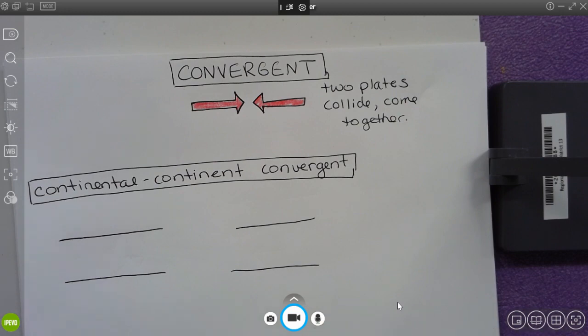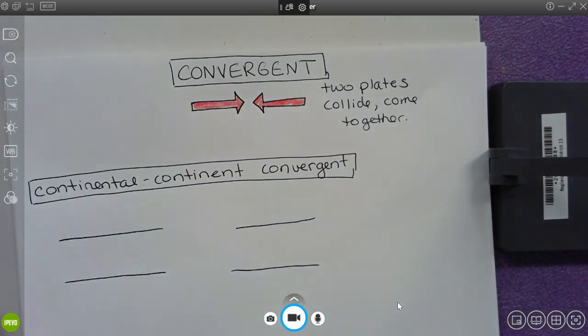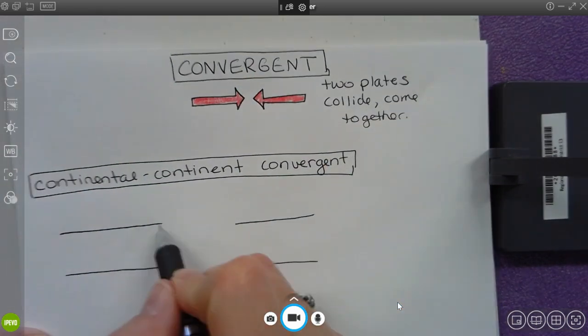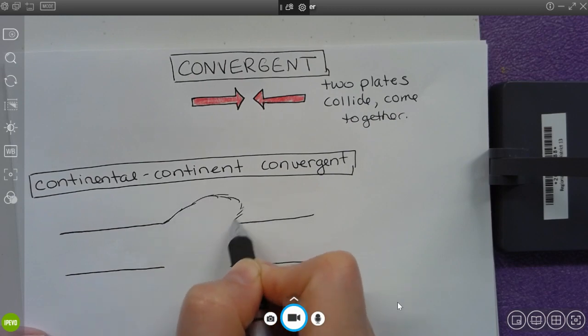One either has to go below the other one. And in this case, that doesn't happen because it's continental. So what ends up happening is they kind of smush together, and then the rock ends up going upward. Okay. I'm going to try to show how the motion happens.